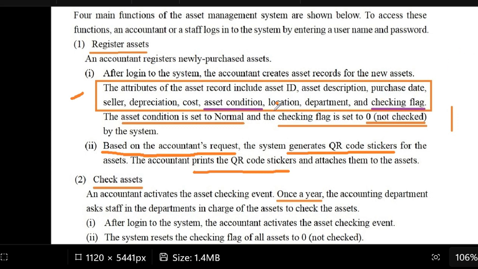So that's why, for all the remaining phrases other than asset condition and checking flag, we need to put in the input, and that leaves us with location and department.